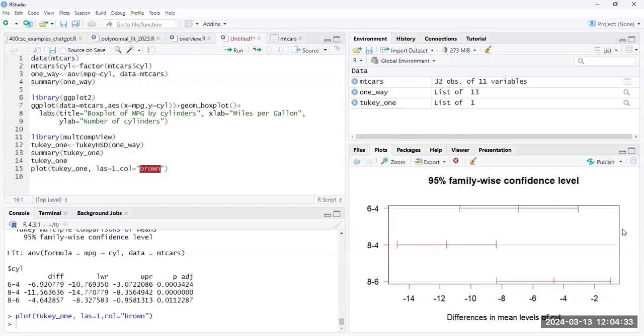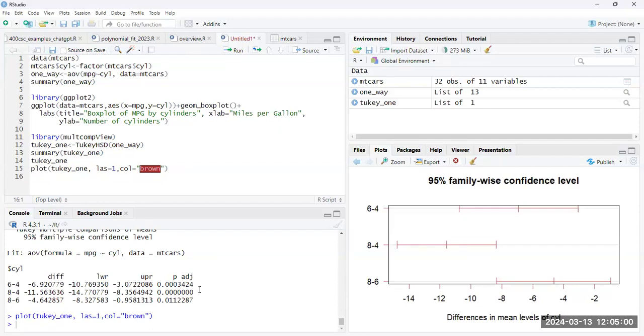In this case, the 0 is all the way off the graph. And so none of these overlap with 0. But if 0 were, say, right here, then we would be able to say, well, these two overlap with 0, so they don't count as being different. But this one would not overlap with 0, and so it would count as being different. So that's how you would interpret this graph.